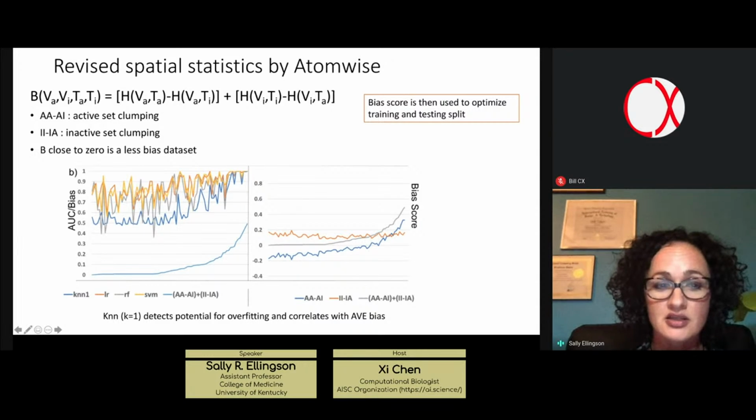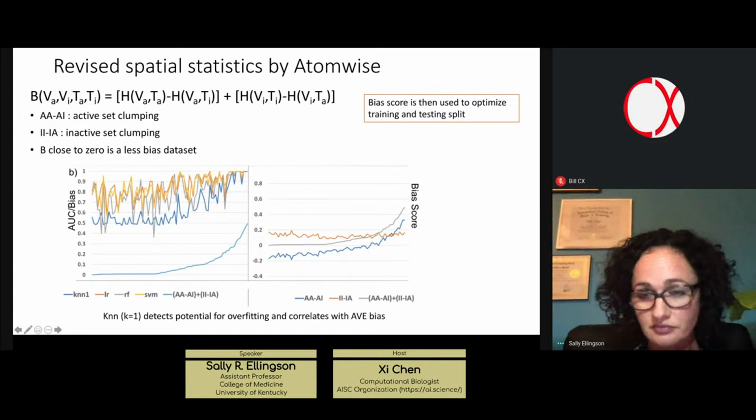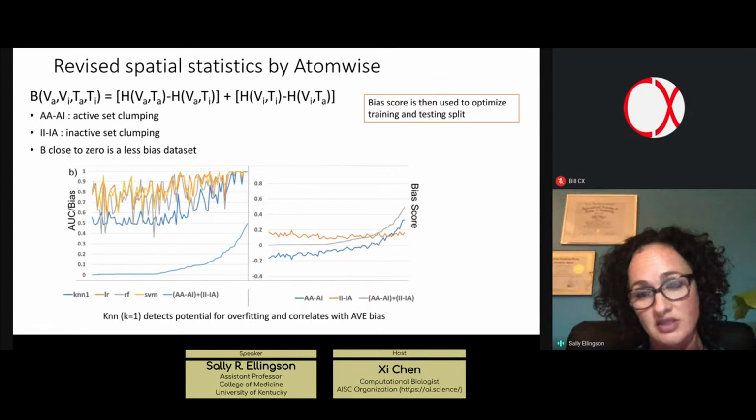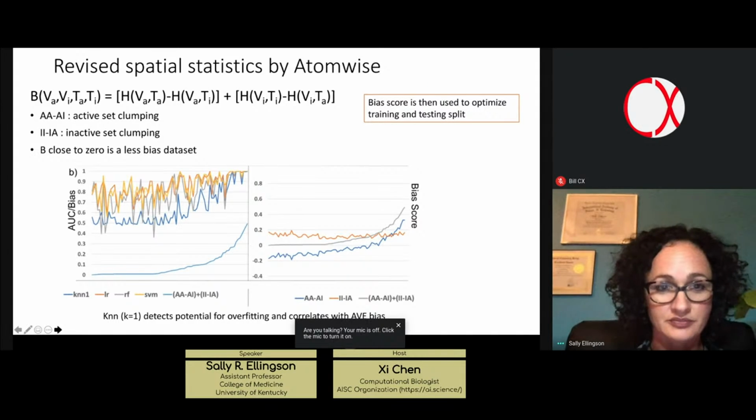The idea here is that k nearest neighbors with k equals 1 just memorizes the training data because the answer is always whatever the closest thing is in the training. And we see here that we do have a close correlation with the results of k nearest neighbor with the bias score. And then over here, we have the breakdown of the active set and the inactive set bias scores that determine their individual clumping.